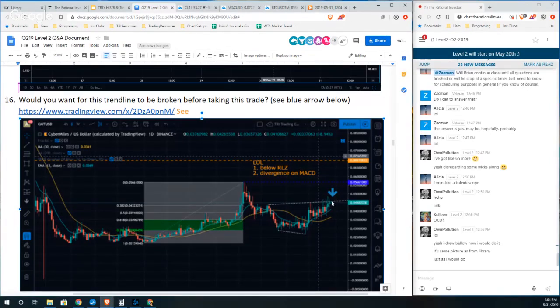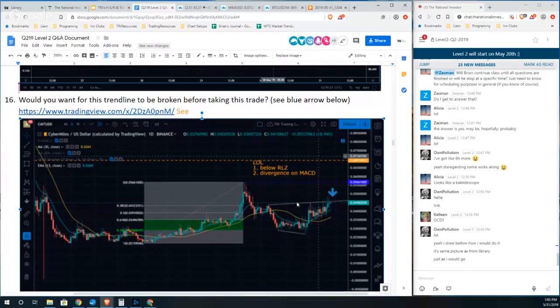That doesn't look right. If anything, you might even draw a fib from that low back up to these highs, and that almost looks like a selling area right in there. So, yeah, not quite sure how to comment on this.